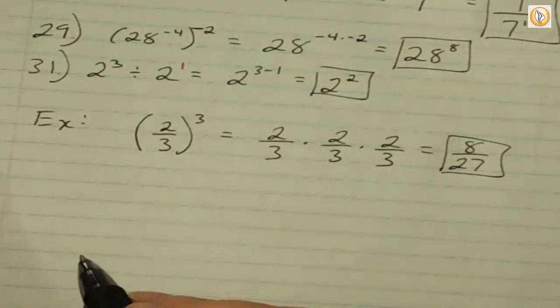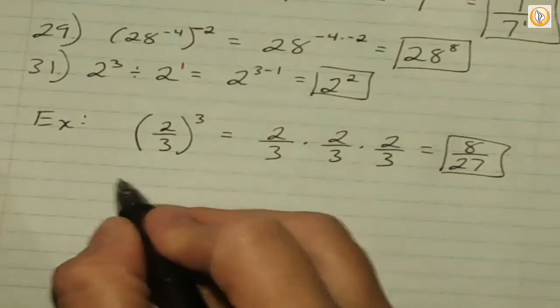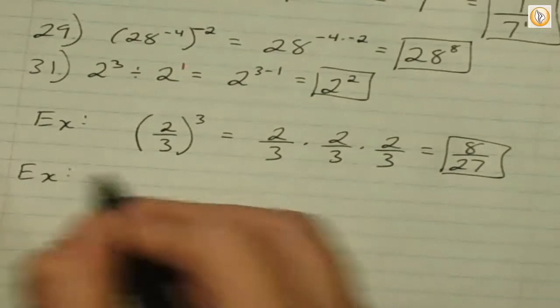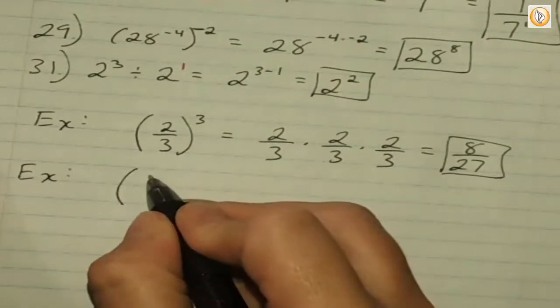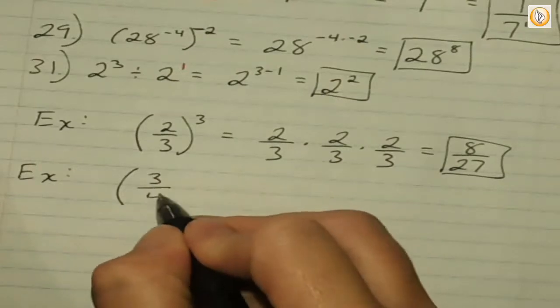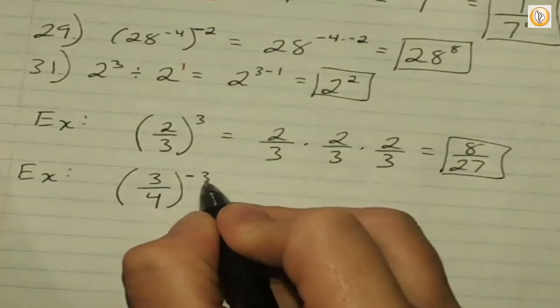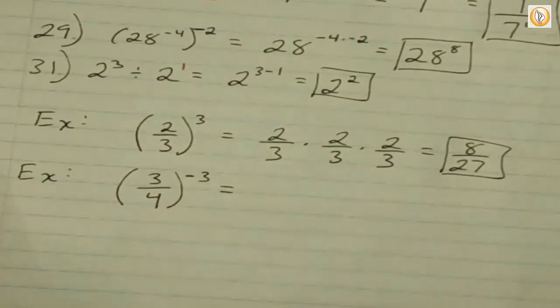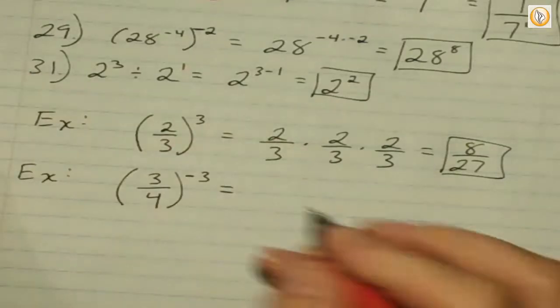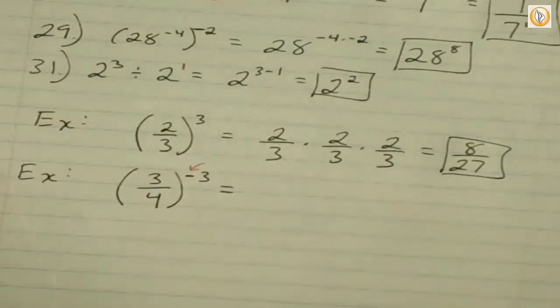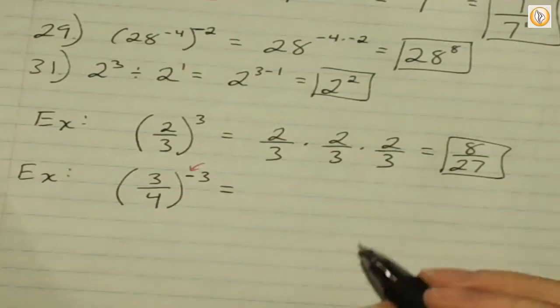What if I had another example? Last one. 3/4 to the power of -3. Oh, this is good. Who wants to guess on how to do that? Taylor?